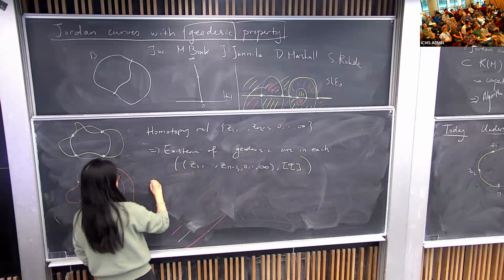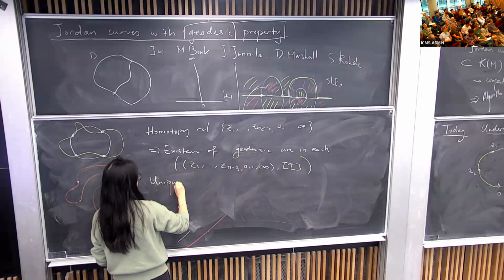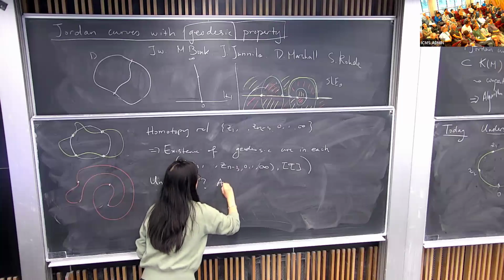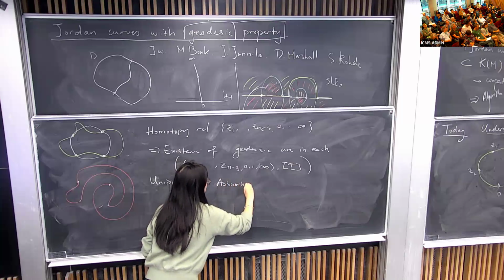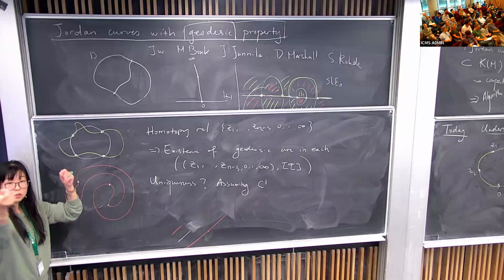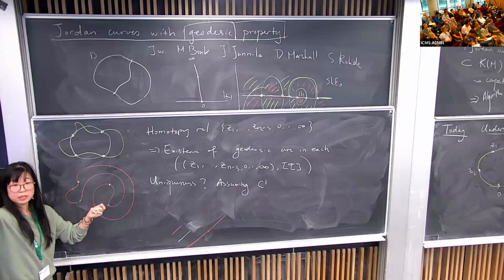Now the question is uniqueness. And assuming C1. We already see if we don't assume C1, even for the 2-point case where you have 0 infinity, there's a family of curves.